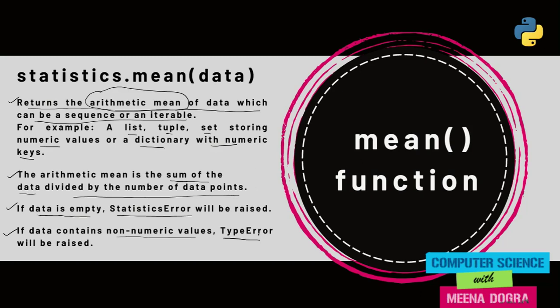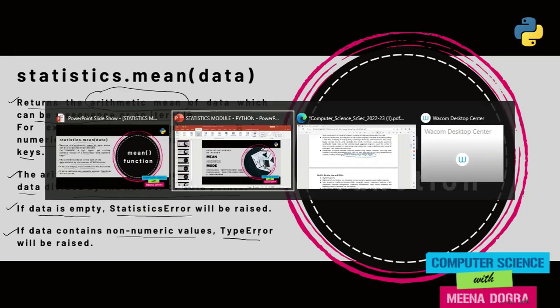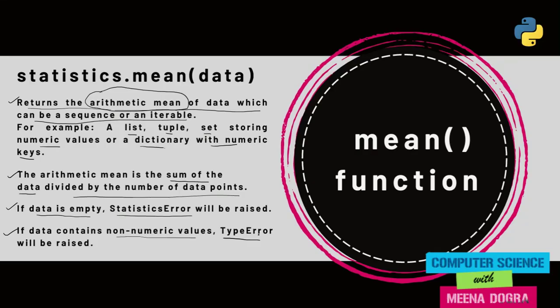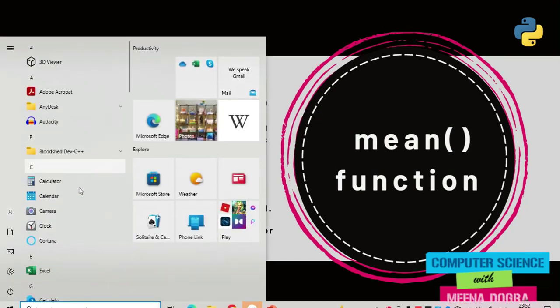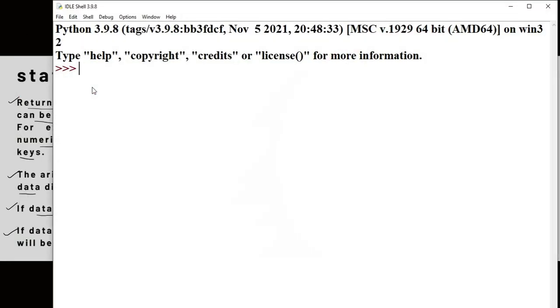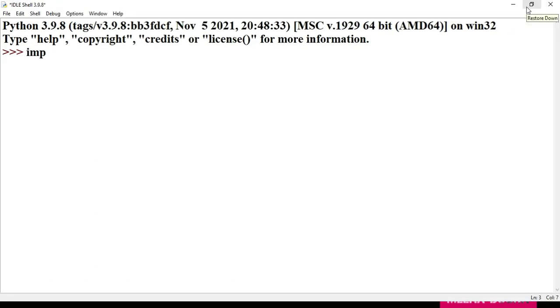So all this I'm now going to demonstrate practically. What I'll first of all do is open up my Python IDLE and import this module. This is the Python IDLE and I will first of all import the statistics module.